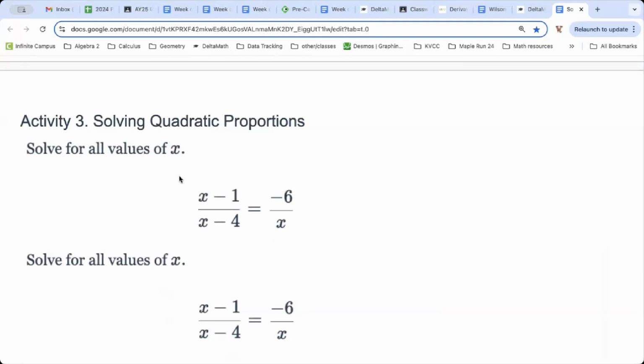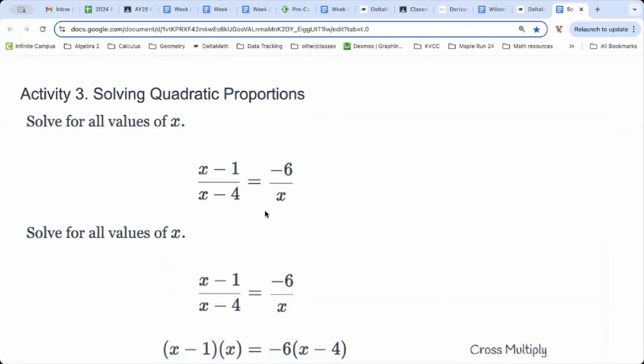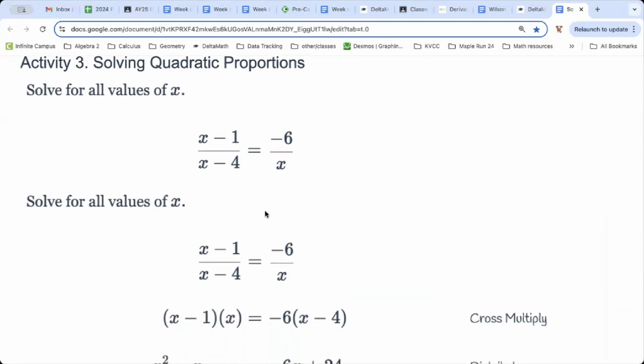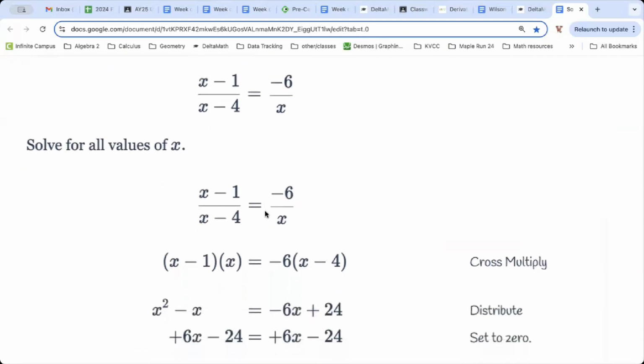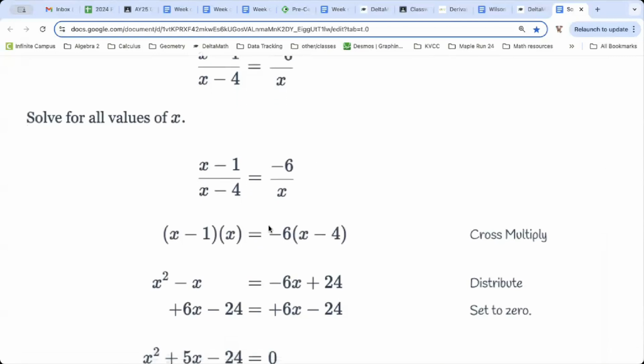Okay, so let's get started. Solving quadratic proportions, we'll have to use your ability to solve a quadratic equation here. Recognize that's a fraction equal to a fraction. It's a rational equation. Cross multiply. So x times x minus 1 is equal to negative 6 multiplied by the parenthesis x minus 4.